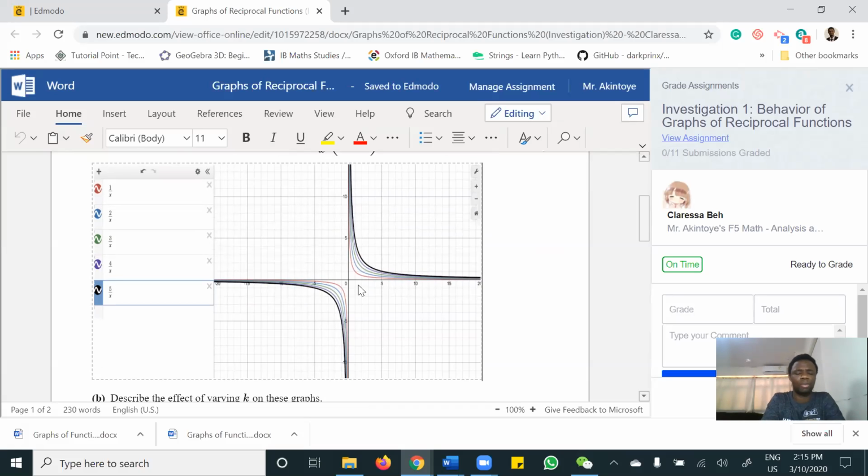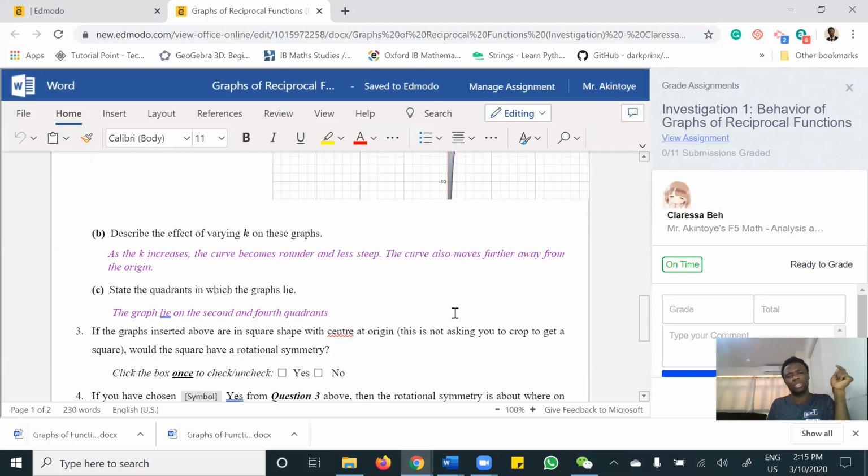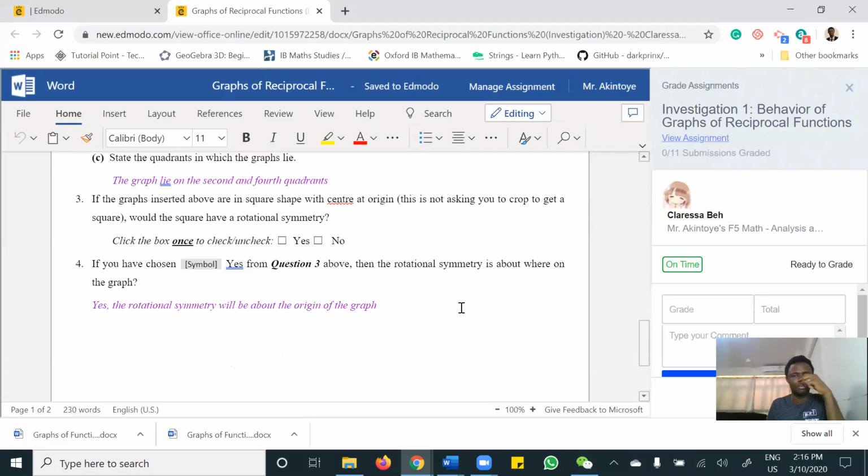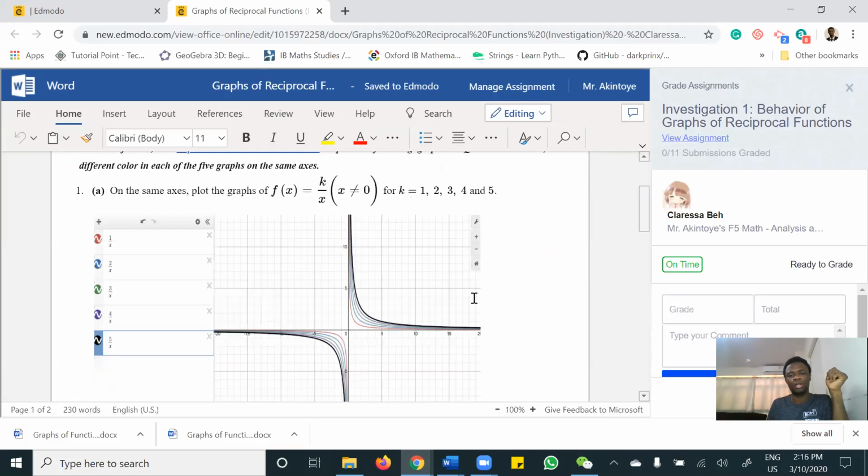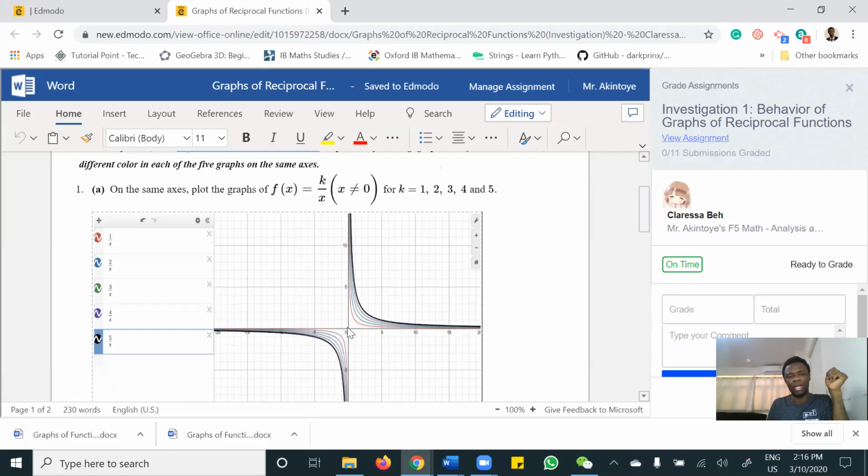So this time around, it's about the origin. But what is interesting is that the rotational symmetry is not always about the origin. It is actually the origin in this case because that is where the x and y asymptote intersect. It is usually towards the intersection of the x and y asymptote. Does that make sense? So those are the things I want you to figure out before we come in today.